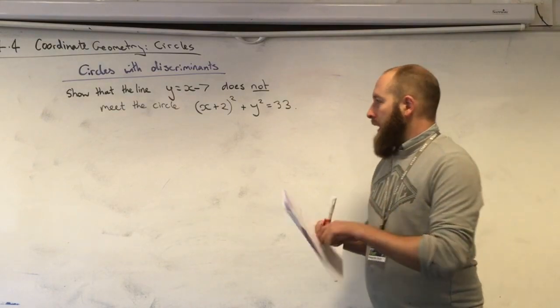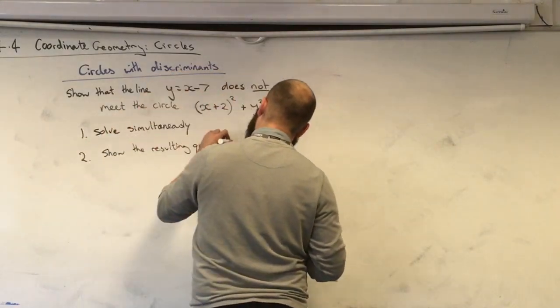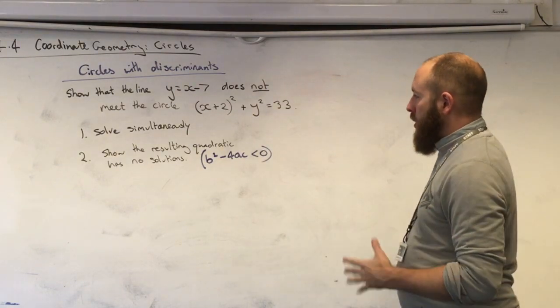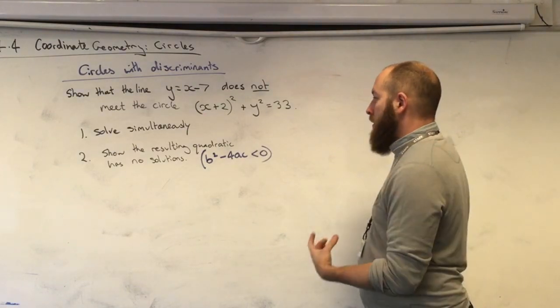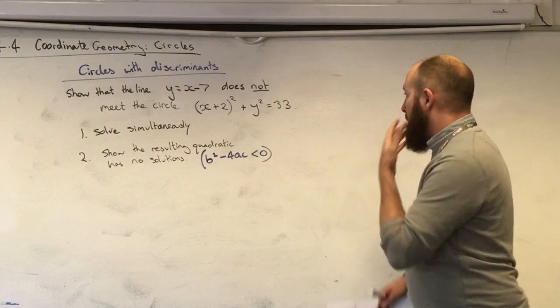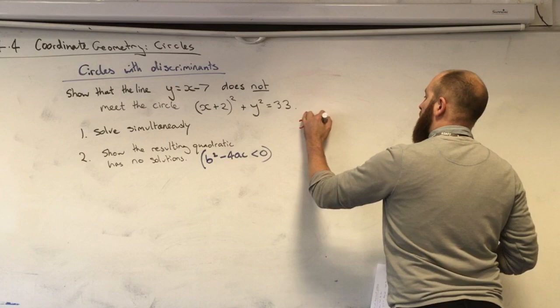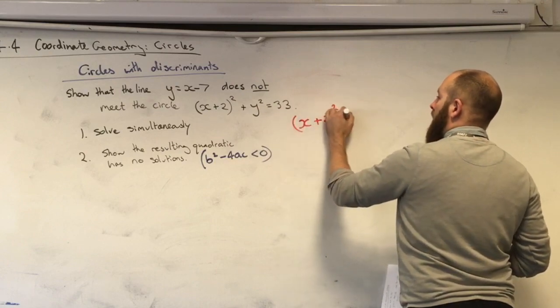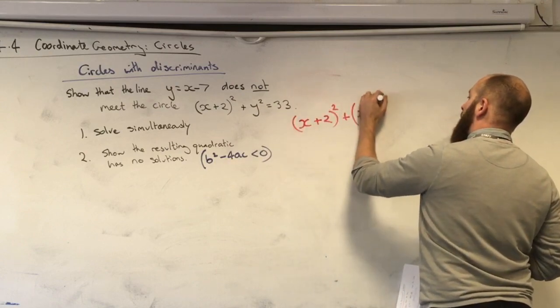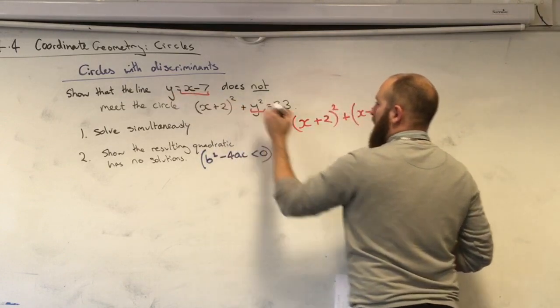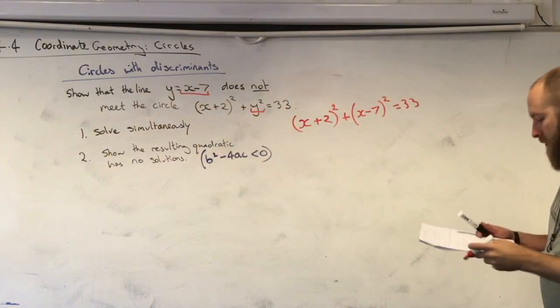So, there's our two steps. Step 1 is going to be solve simultaneously, and step 2, show that the resulting quadratic has no solutions. So, if we solve those simultaneously, I've substituted x minus 7 into y and squared it.